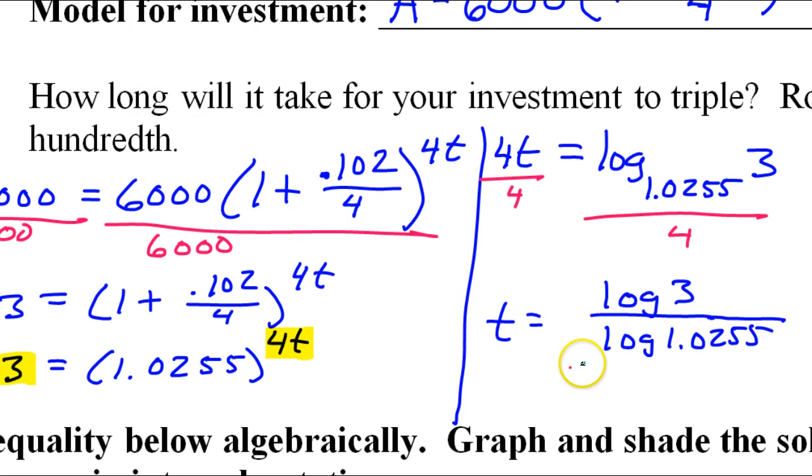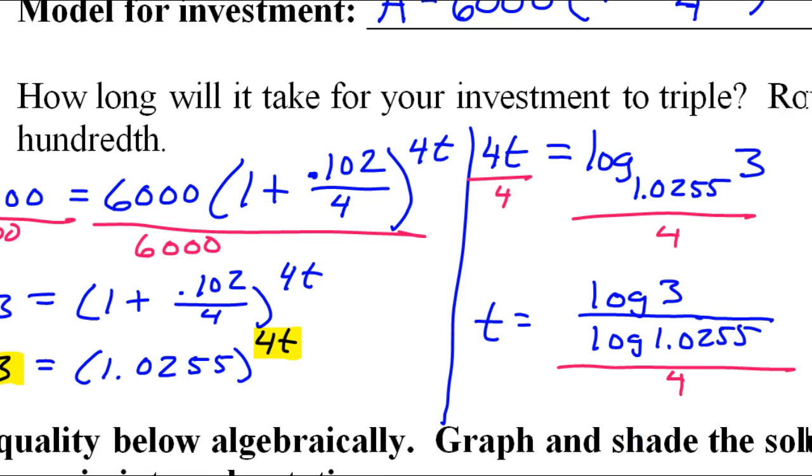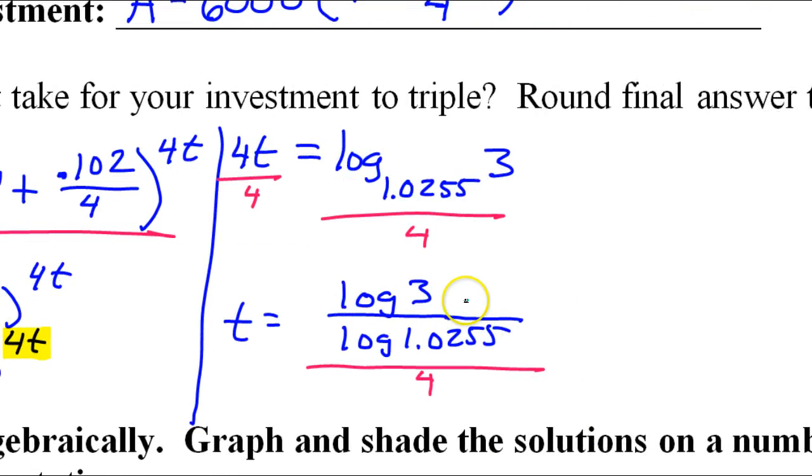So I'm supposed to take this entire thing and divide that by 4. Now, I can put this in my calculator easily, but many students get confused and wind up typing the fraction in wrong. So I'm going to show you how I would type it in as a compound fraction, but then I'll show you how to type it in if you're the least bit uncomfortable.